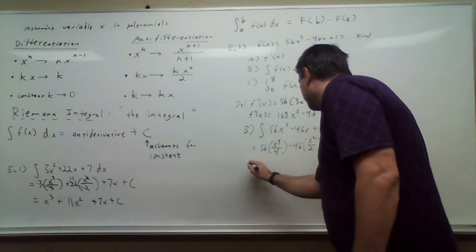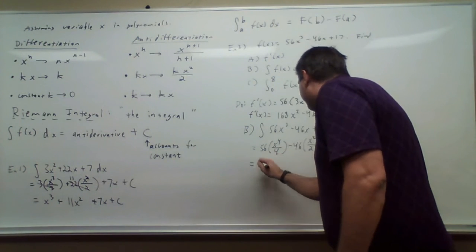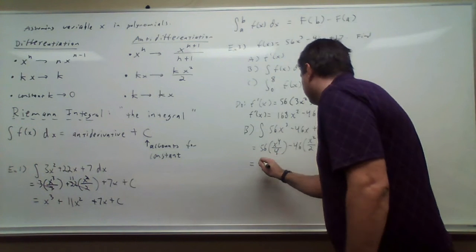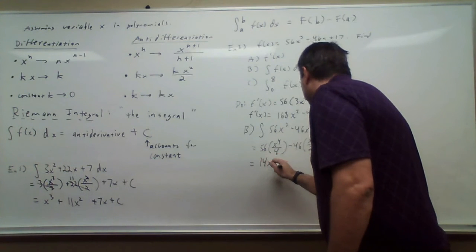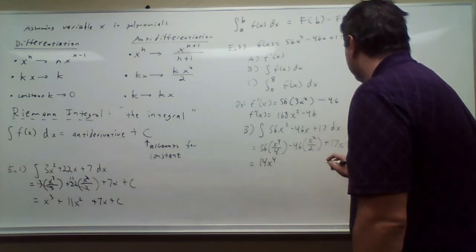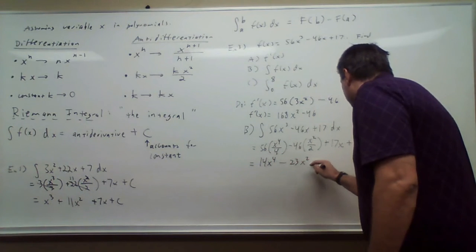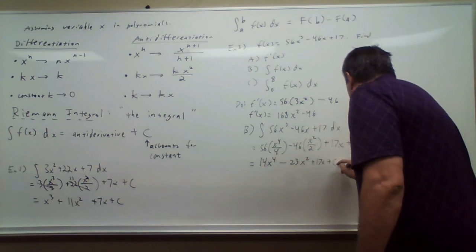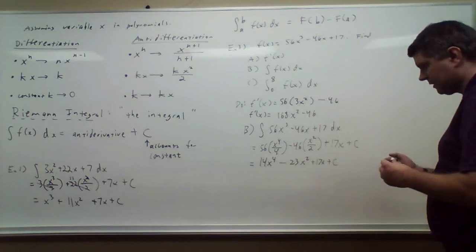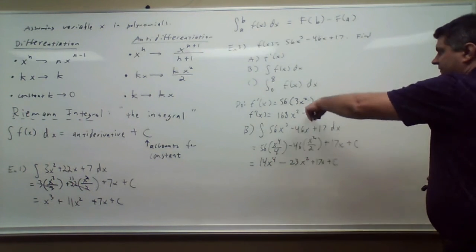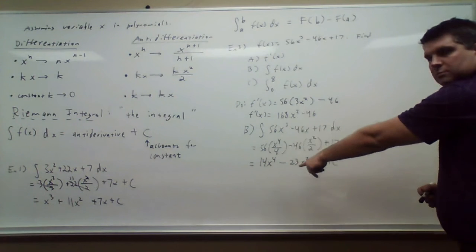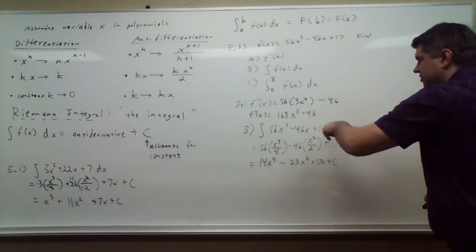So we have 56 divided by 4 is 14, 14x to the fourth. 46 divided by 2 is 23. And that is the indefinite integral with respect to x.